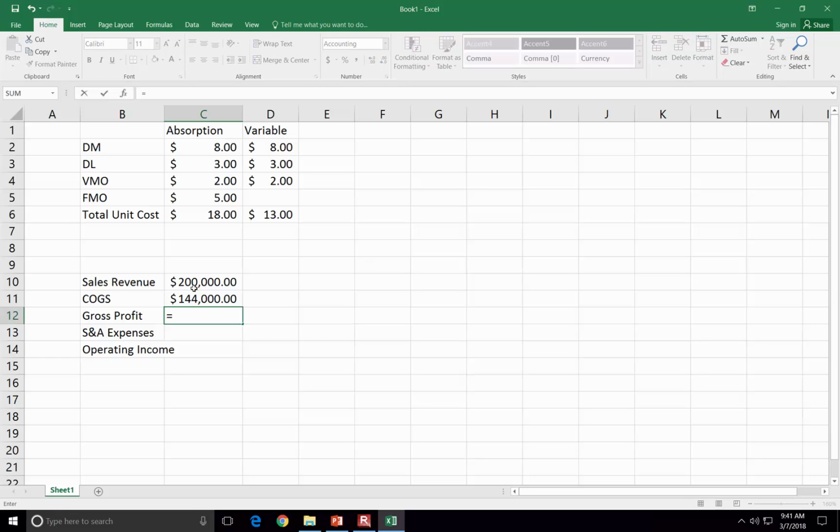Our gross profit will be our revenue minus our cost of goods sold. And our selling and admin expenses are given to us as fixed selling and admin costs of $25,000. You see that in the information given on the first page?